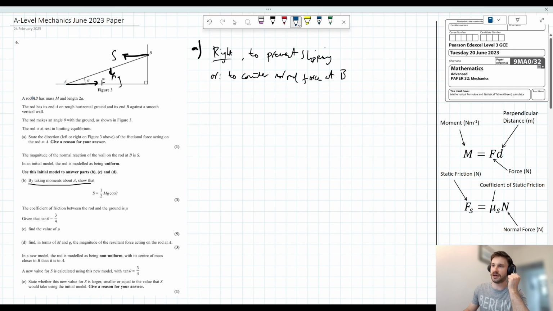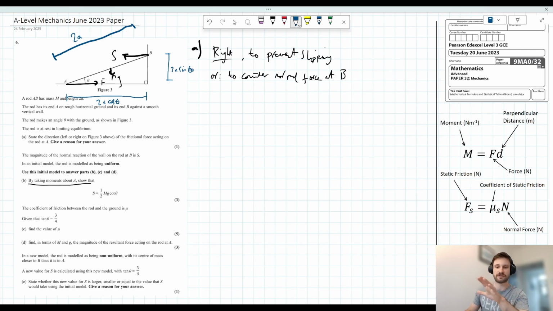It states here that the rod AB has a length of 2a. Since the rod has a length of 2a, it's got a horizontal component of 2a cos theta, and a height of 2a sine theta. Cool. This is everything we need.